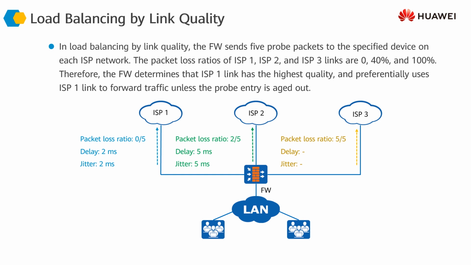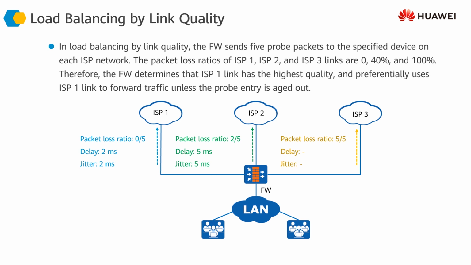In this scenario, the link going through ISP1 has a packet loss ratio of 0%, or 0 out of 5 packets were lost, which means this is a good quality link, as compared to these two links which have either 2 out of 5 packet loss ratio or 5 out of 5 packet loss ratio, which is the worst case scenario. So this is the healthiest link, this is the second healthiest link, and this is the unhealthiest link.